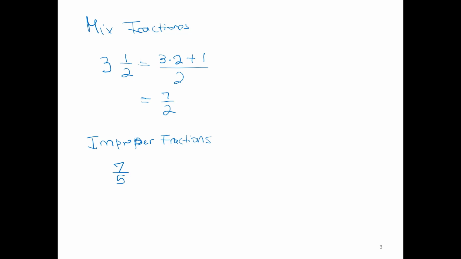As in this case, 7 is greater than 5, and this is an improper fraction. If we have an improper fraction, we can always express that fraction as a mixed fraction.